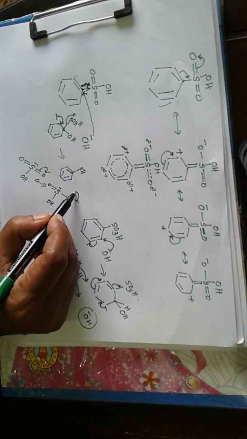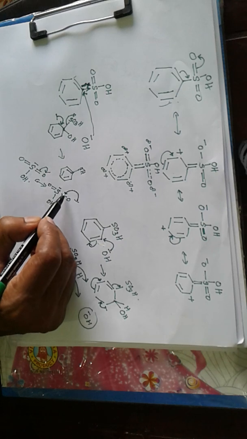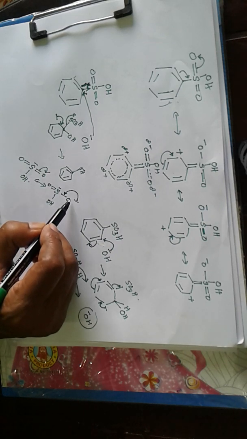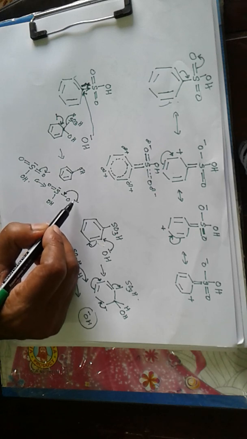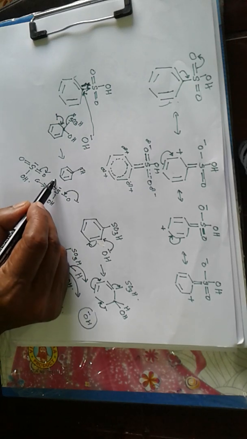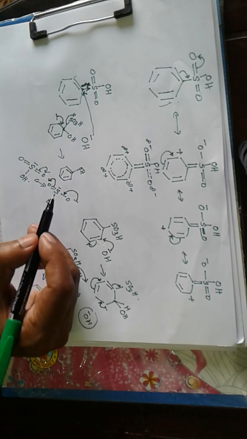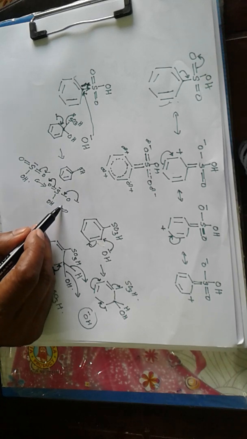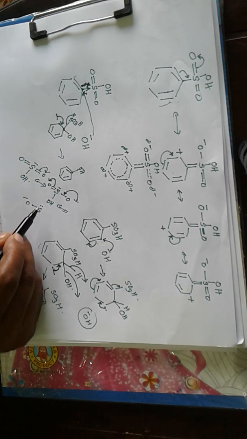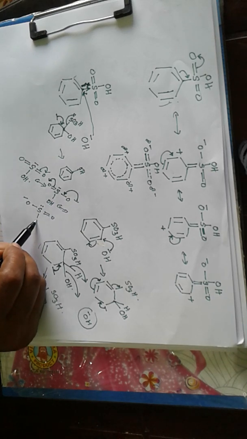Now when this electron pair moves in the direction in between S and O, that is a lone pair, we start from the negative sign to indicate that a lone pair is getting converted to a bond pair. Simultaneously this pair of electrons moves in this direction and we get another canonical structure, a single bond O negative, lone pair here, double bond O and OH.